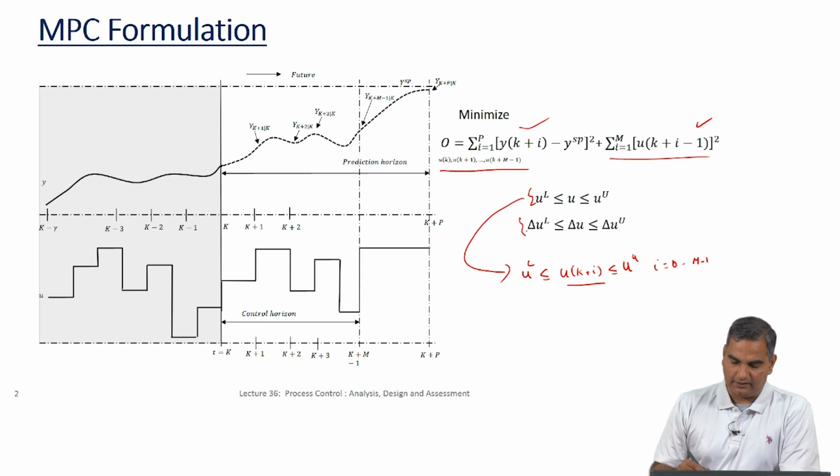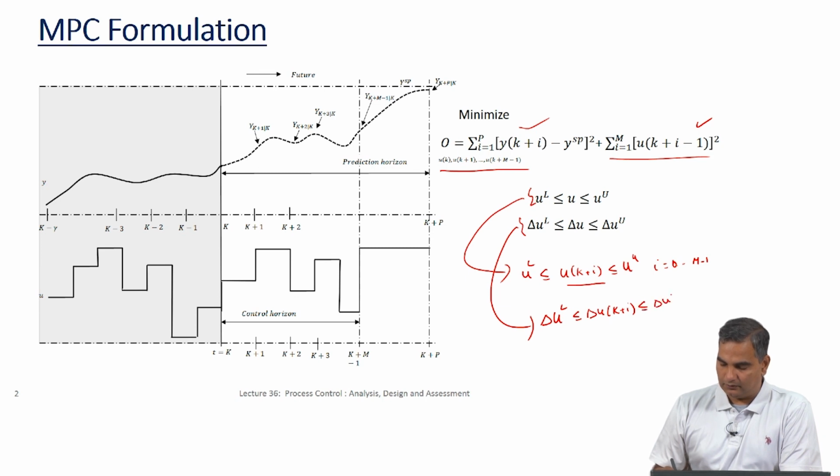Similarly, the general constraint on delta u can also be expanded like this: delta u lower less than equal to delta u k plus I less than equal to delta u upper, and again I equal to 0 all the way up to m minus 1.